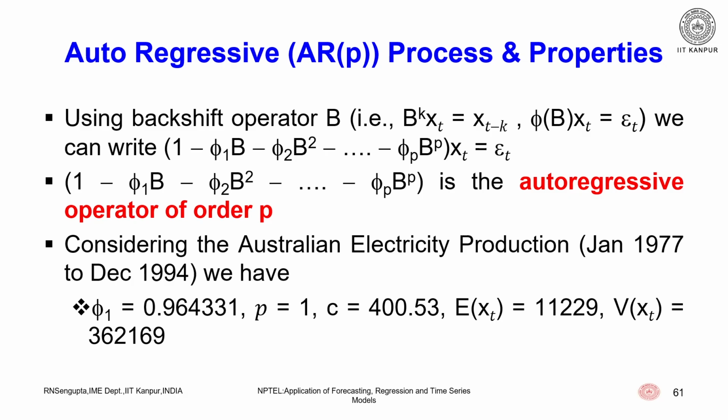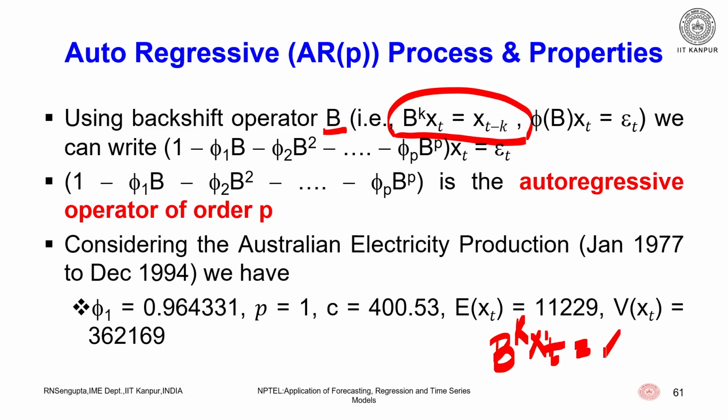Using the backshift operator B, the terms are given as B to the power k of x t is equal to x t minus k, which means that as you go one period at a time in the past, the operator gives you the relationship between x t and x t minus 1.